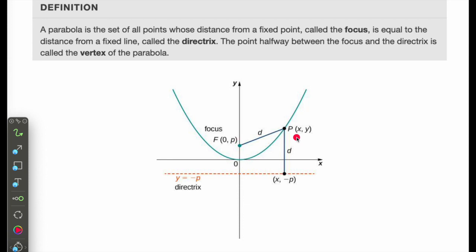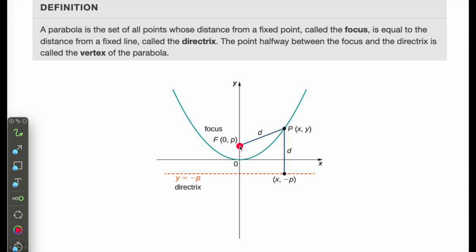Now, another thing that's not labeled on this chart is something called the latus rectum, L-A-T-U-S, and that is the line segment that goes from side to side from the parabola that passes through the focus. So from the focus out this way and from the focus out this way, that line segment is called the latus rectum.